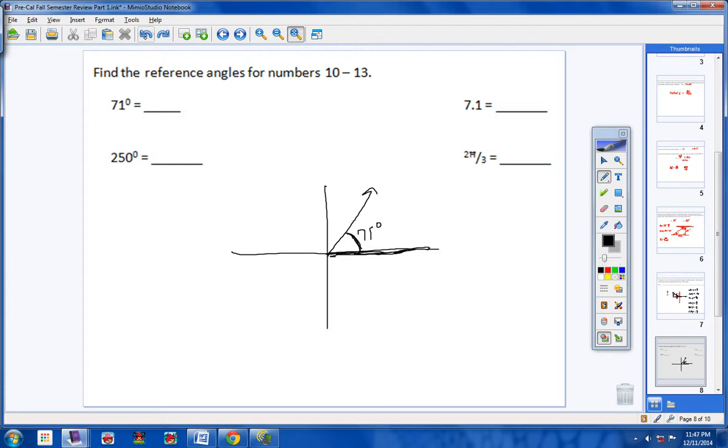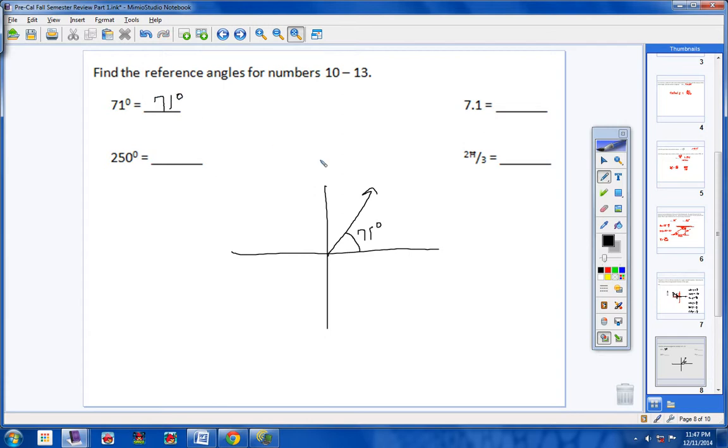Let me say that again. The reference angle is the acute angle that is formed with the x-axis and the terminal side. And so the reference angle for 71 is just going to be 71 degrees, because here's your terminal side, here's your x-axis, and so it would be 71 degrees.